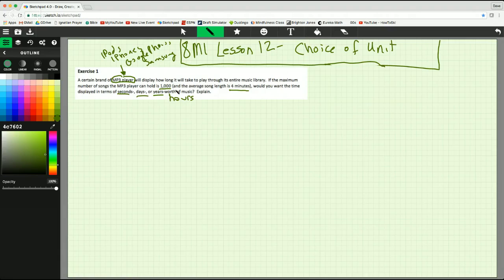So let's see. If we have 1,000 songs, and each song is 4 minutes long. So we have 4 minutes, 4 minutes, 4 minutes, and each one of these is 4 minutes long, and we have 1,000 songs.